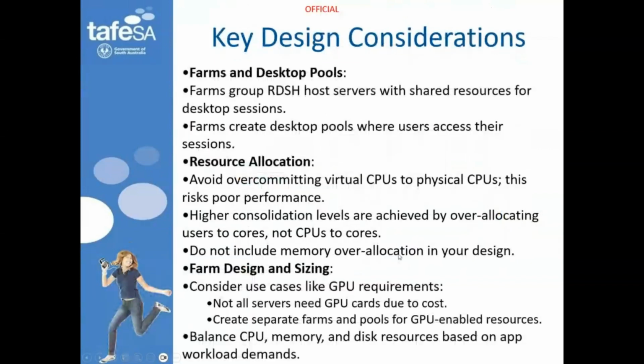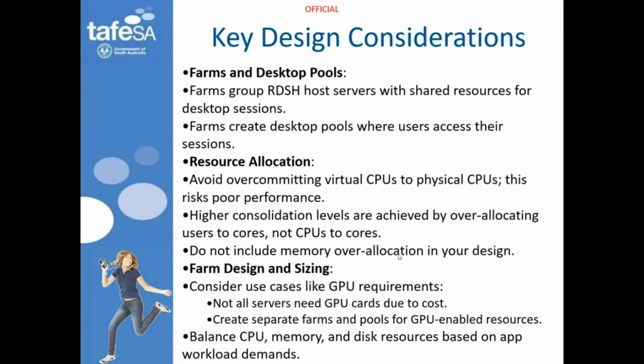Key design considerations: farms and desktop pools. Farms are a group of remote desktop host servers with shared resources for the desktop session. So all these are what's going to provide the resources. Farms are created, and farms create desktop pools where users access their sessions.